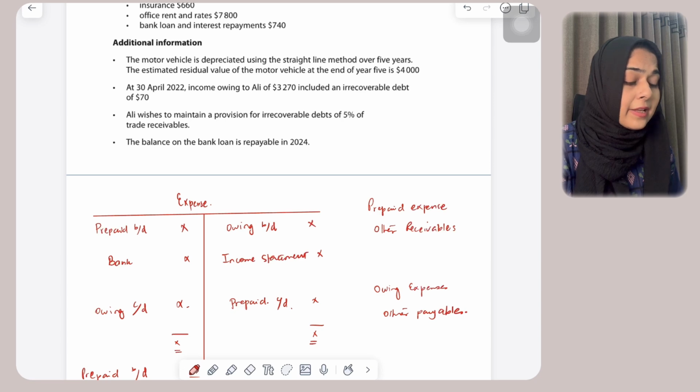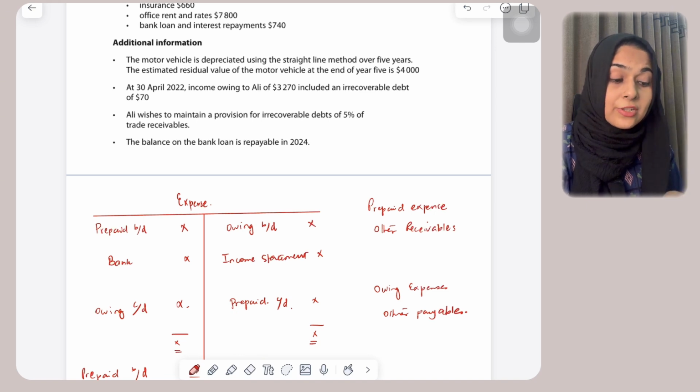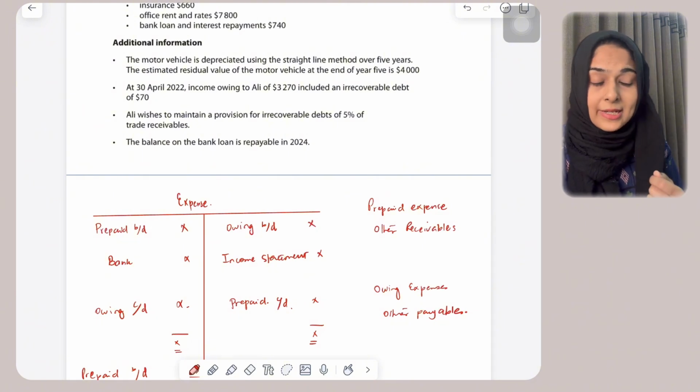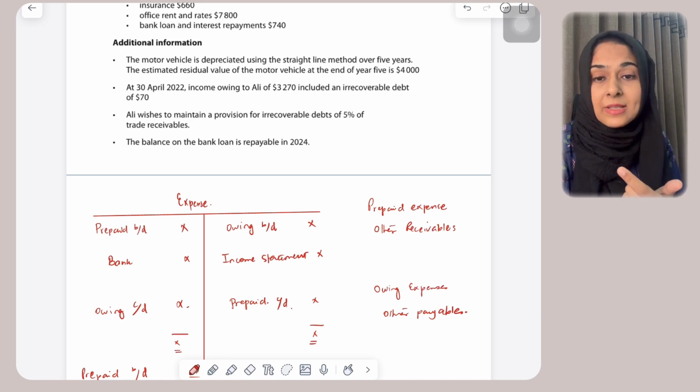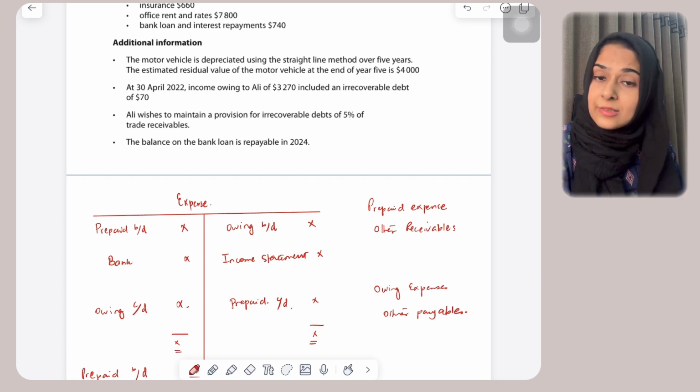But let's say we have taken the service in the current financial year, but we haven't paid the full amount. That means now we owe that amount for that particular expense. So that is my other payable, it is my liability. So prepaid expenses are other receivables and owing expenses are other payables.